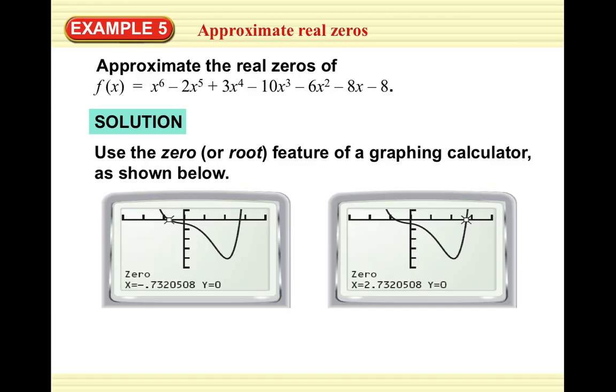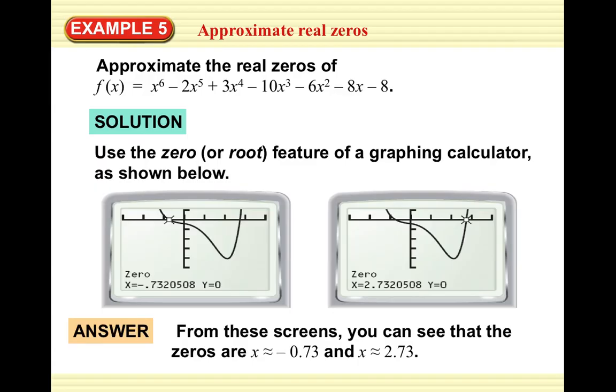And I can approximate using the solver function that the negative zero was negative 0.732, so on and so forth, and the positive was 2.732, so on and so forth. So from these screens, we can see that the zeros are approximately those 2 values. Anytime we're rounding, again, don't use an equal sign, use the approximation sign. Squiggly equals. All right, pretty easy with the calculator.